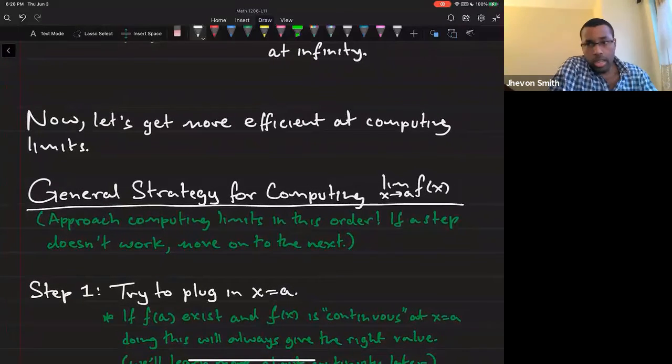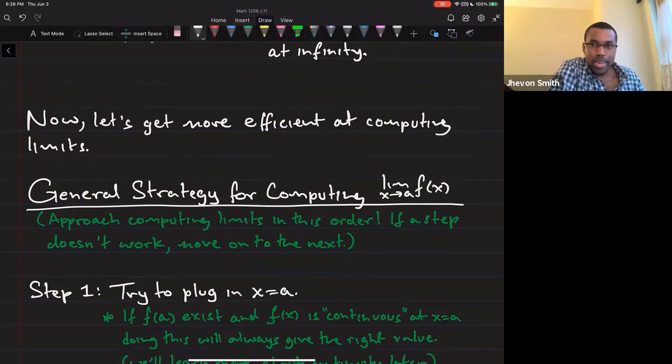Okay. So there's going to come a point where I'm going to give you a bunch of random limits to do, and you're going to have to be able to do all of them in relatively a short amount of time. So to that end, I'm going to give you a general strategy for approaching limits, right? You see a random limit show up on a test or a quiz or wherever. How do you actually approach it? What do you do? Do you always have to draw a graph?